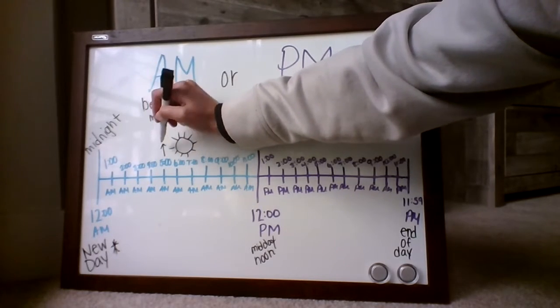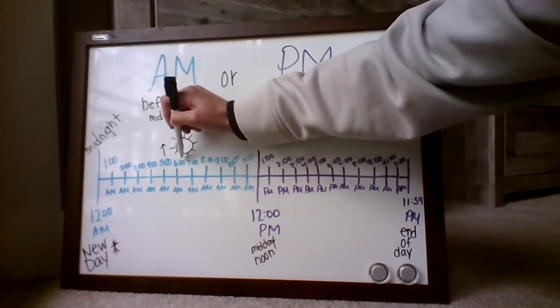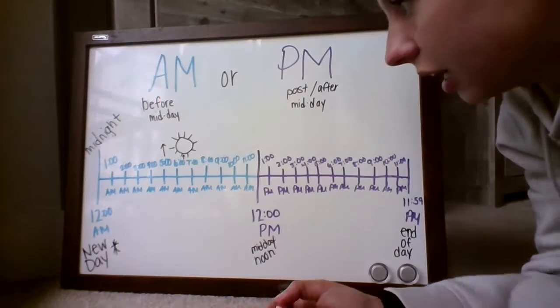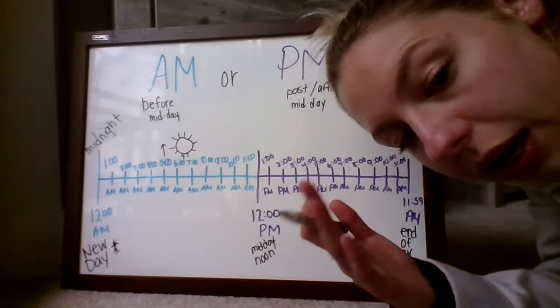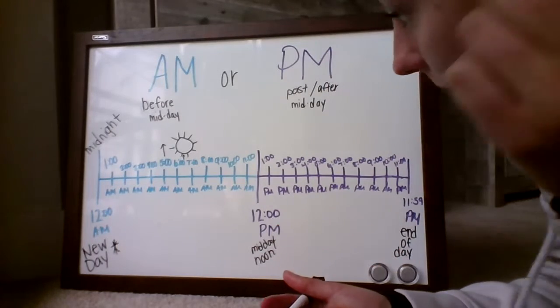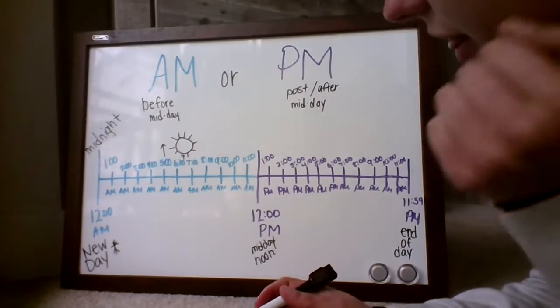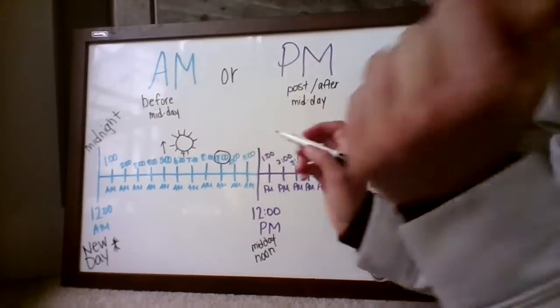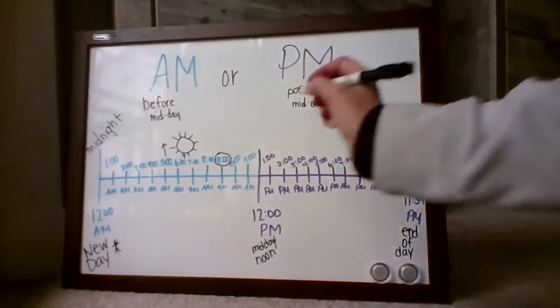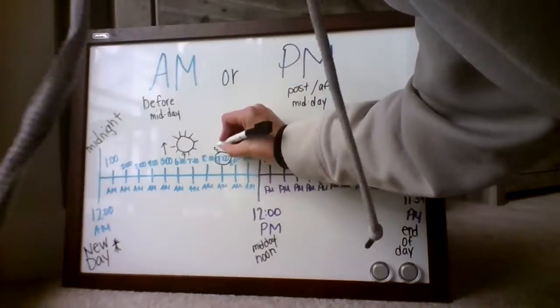So I'm going to put 6 or 7, the sun comes up, which means some of us are waking up. I know that at 9 o'clock, we start school. Let me see if I can write this. I'm going to write school.